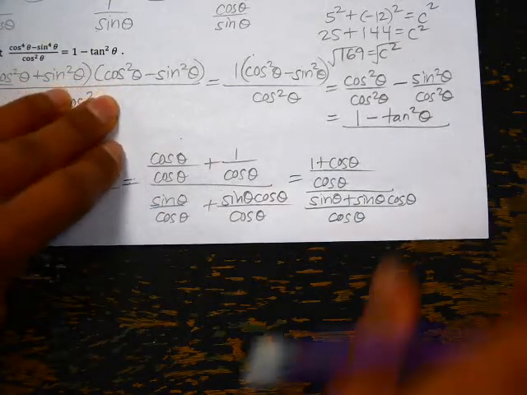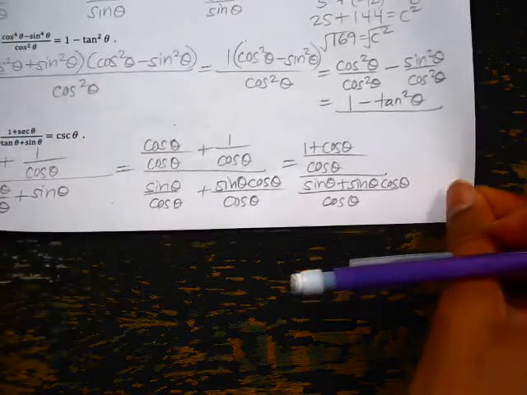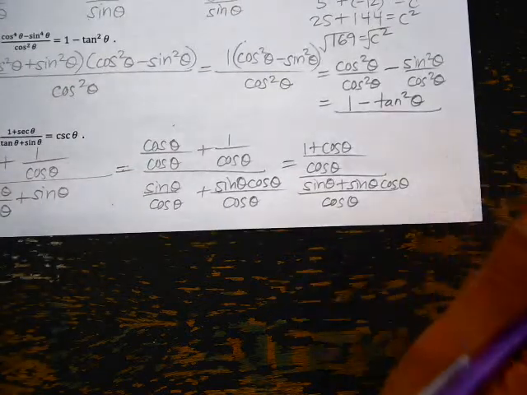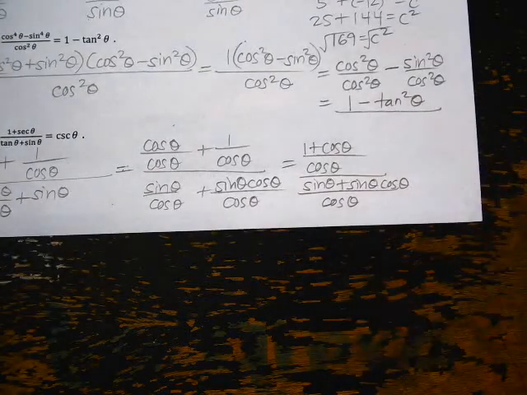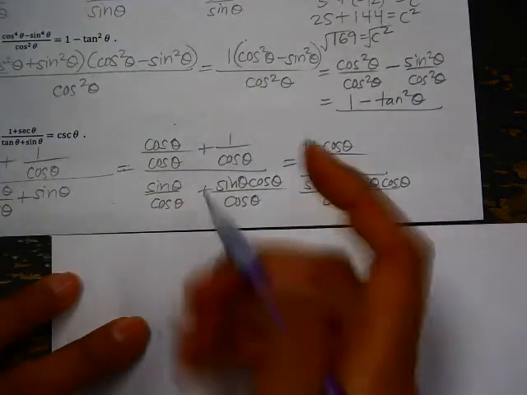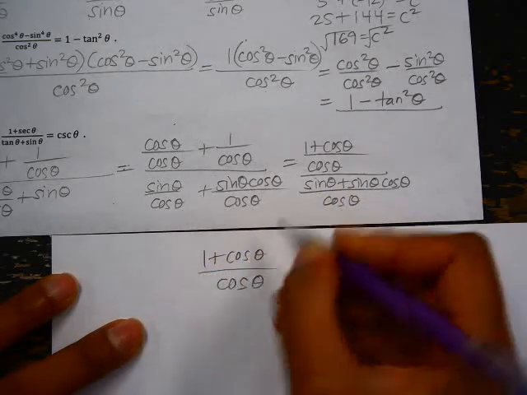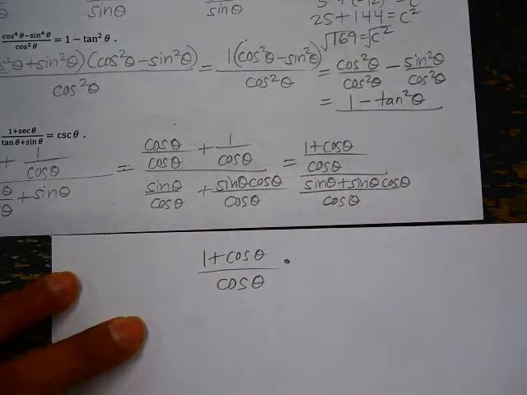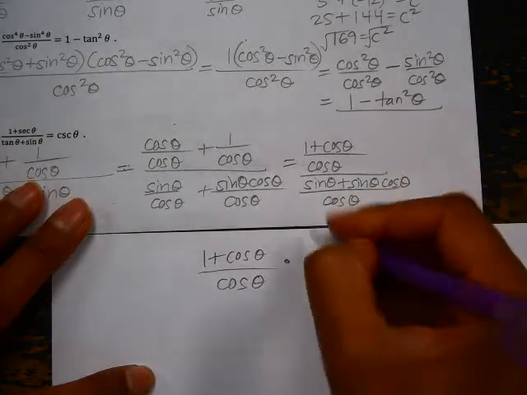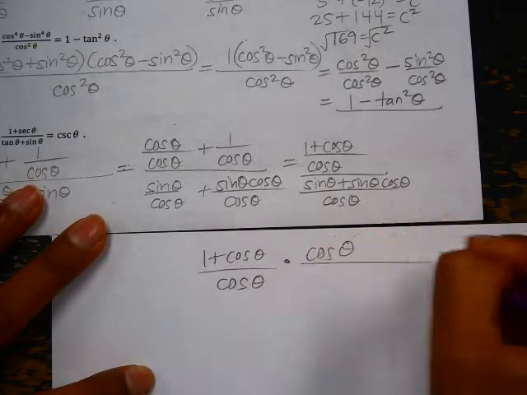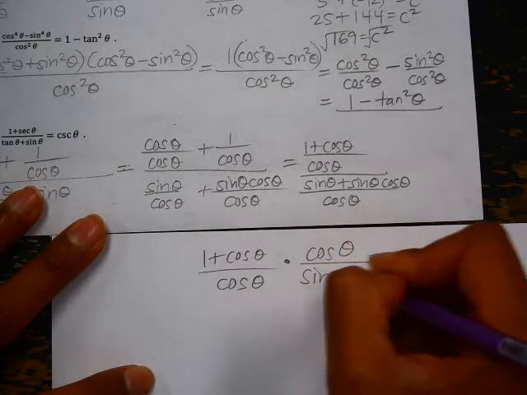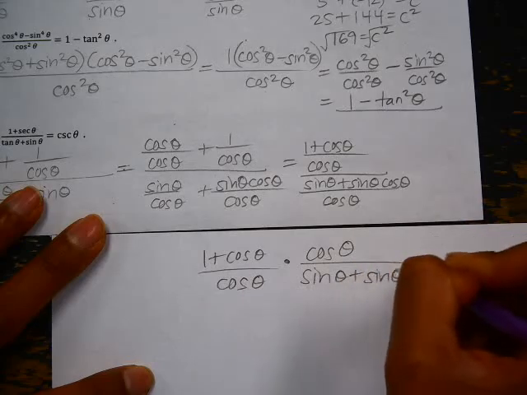And if I'm dividing these fractions, that is the same as multiplying by the reciprocal. So I have 1 plus cosine theta divided by cosine theta times, I'm going to do the reciprocal of this fraction here. So that will be times cosine over sine theta plus sine theta cosine theta.